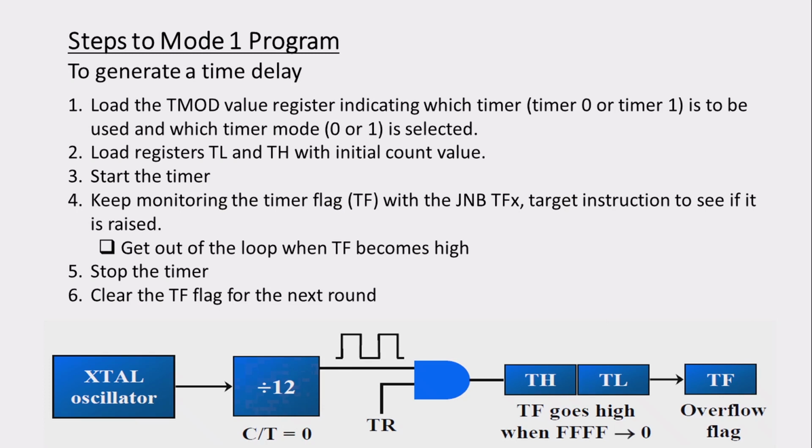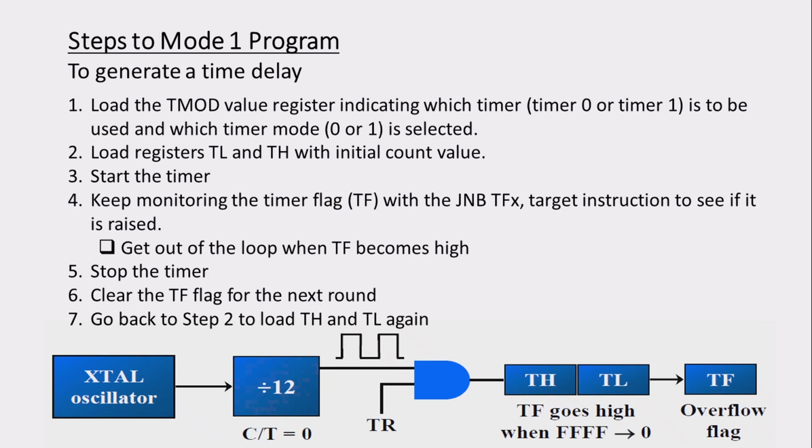So by using this, in order to generate a time delay, I need to generate again. After that, I'll be making sure that my timer flag is low. Once the timer flag has been made low, then again I'll be going back to my step 2 in order to load those values which we had calculated into TL and then TH.